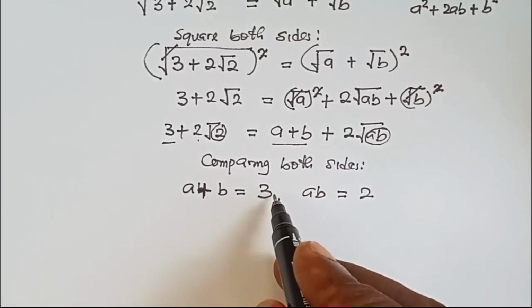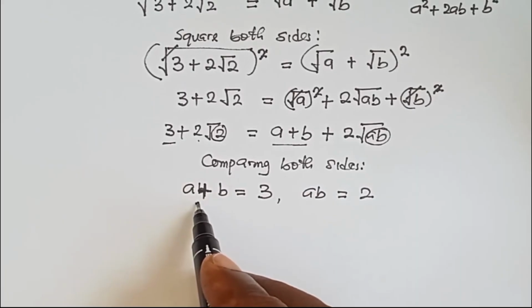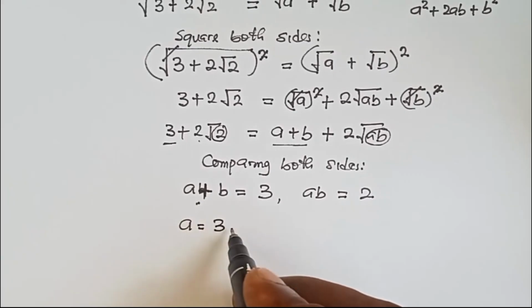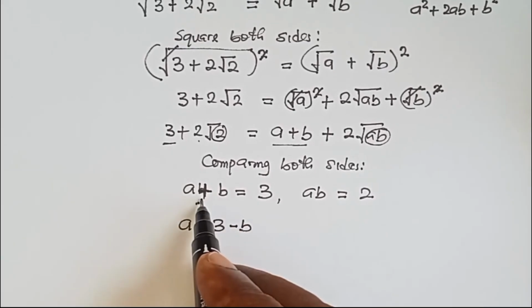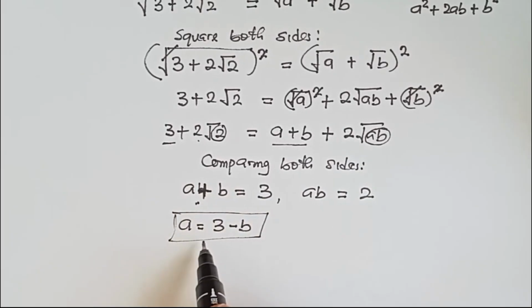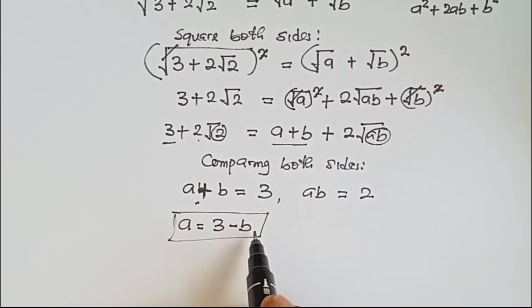Now from this side, we can make b or a the subject of the formula. From equation 1, a is equal to 3 minus b, when we move this plus b to that side. That means anywhere we see a in the second equation, we write 3 minus b.